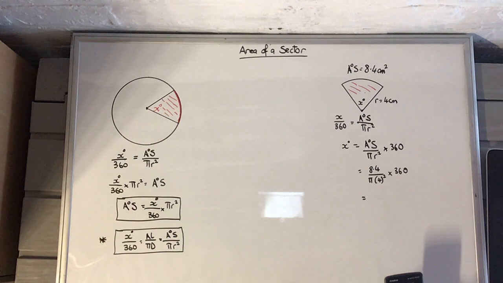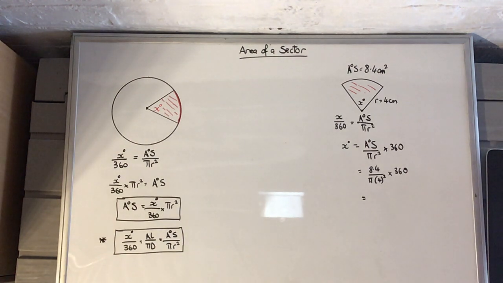So 8.4 divided by pi, and then divided by 4 squared. Well, 4 squared is 16, so we're going to divide by 16, and then we're going to times by 360.